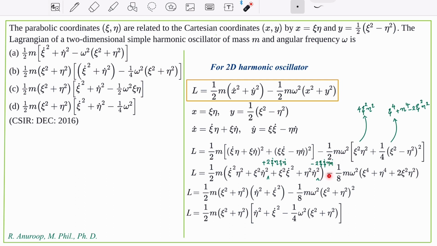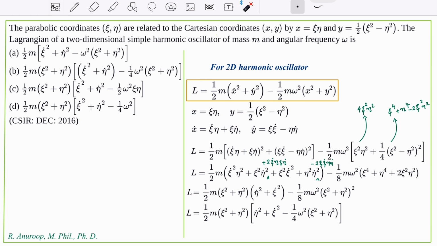Now let us expand the other term, that is psi raised to 4 plus eta raised to 4 minus 2 times psi square eta square.